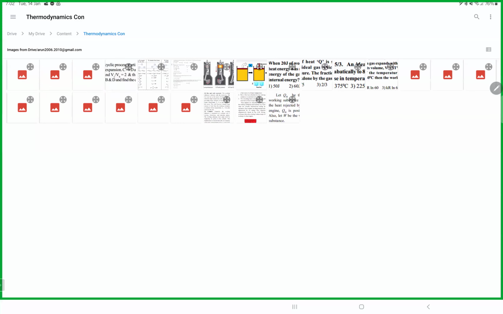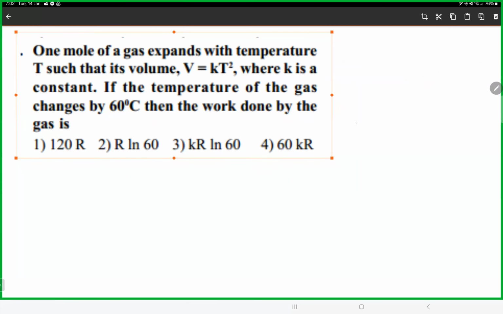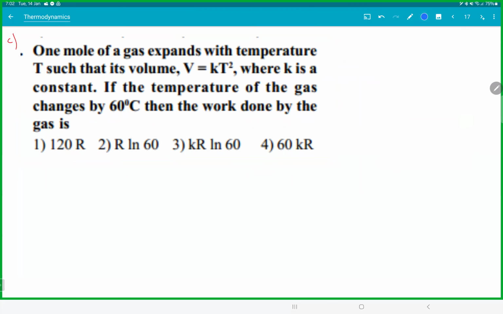Let's see one more. So 1 mole of a gas expands with a temperature such that V is equal to kT squared, K is some constant.